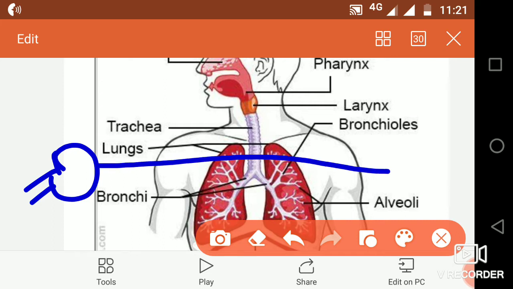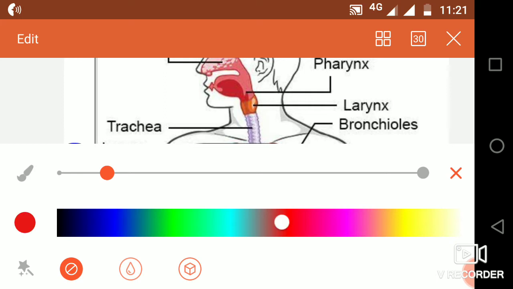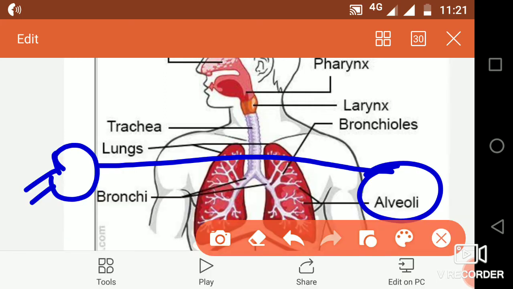This is the alveoli, and I had shown you the enlarged diagram of the bronchioles with the alveoli attached to it. The alveoli have blood capillaries wrapped over them.